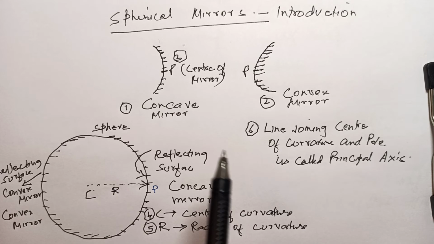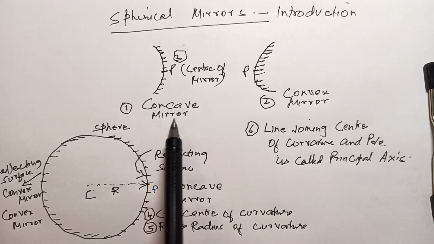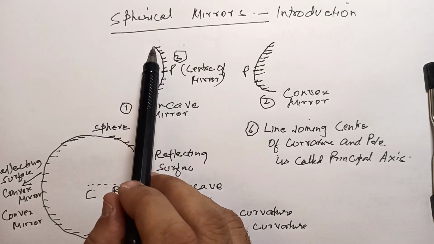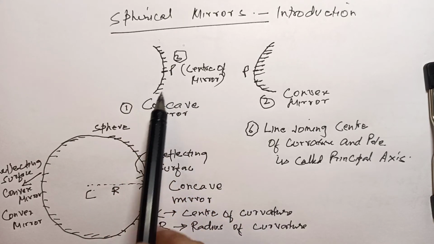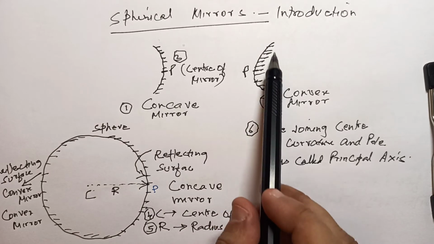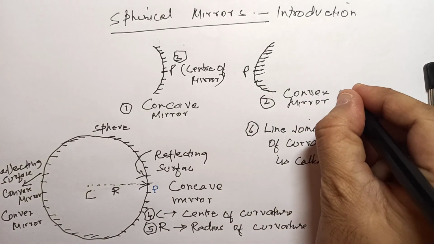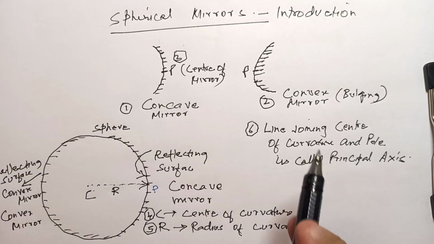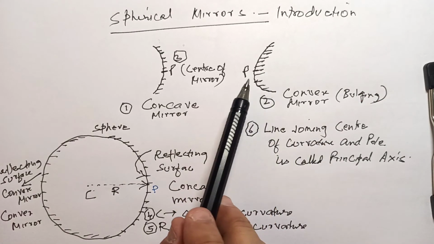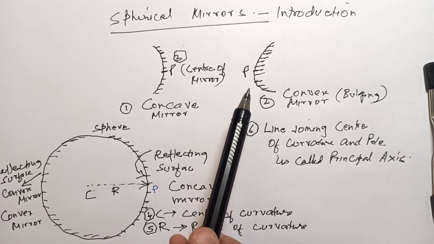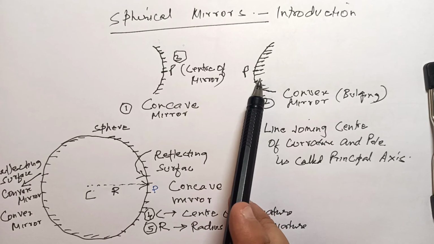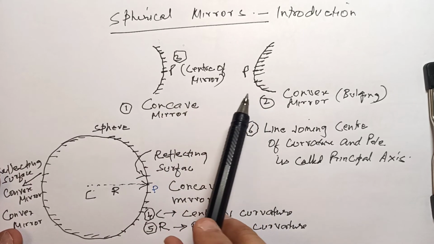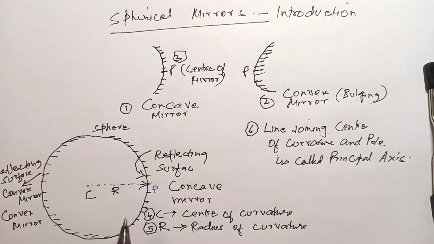Let me quickly reiterate. 1, concave mirror, convex mirror. Concave mirror is the one which caves inside but is painted outside. Convex is bulging. You can say bulge. But it is painted from the inside portion. Now, if I complete the sphere, it will be something like this.